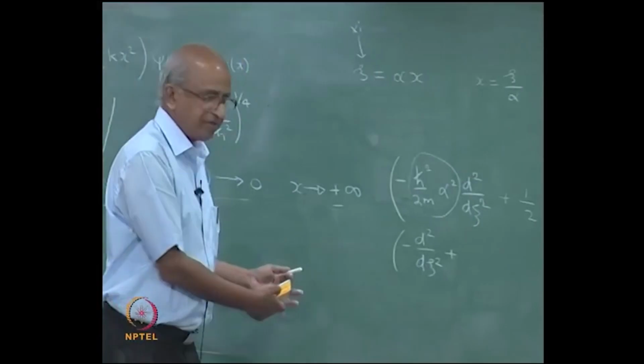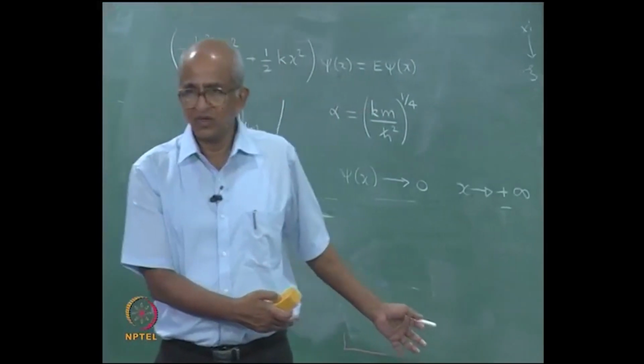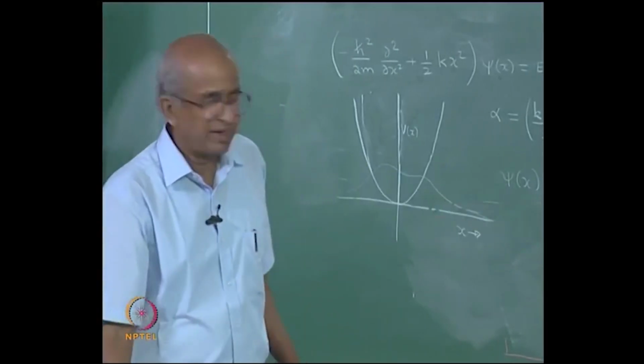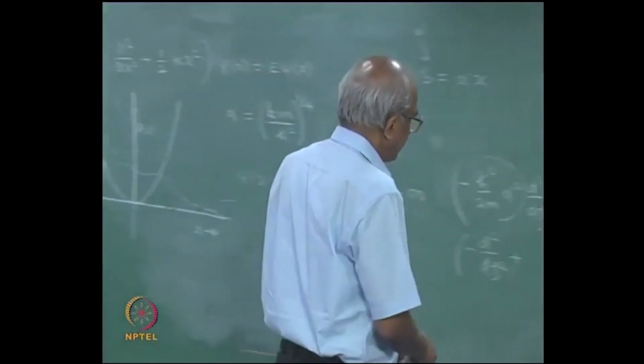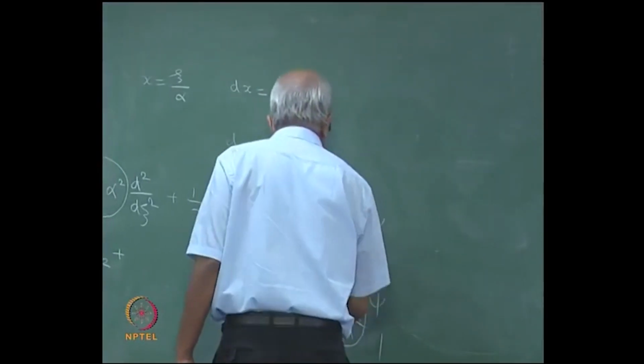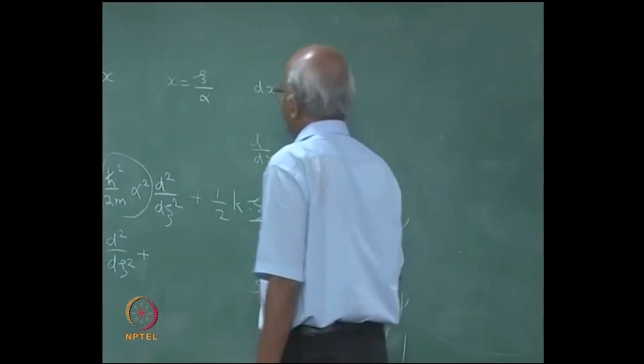At least my left hand side looks very nice, because it is minus d square upon d xi square plus xi square. What about my right hand side? I am going to evaluate this object 2m E by h cross square alpha square. Where will I evaluate it?